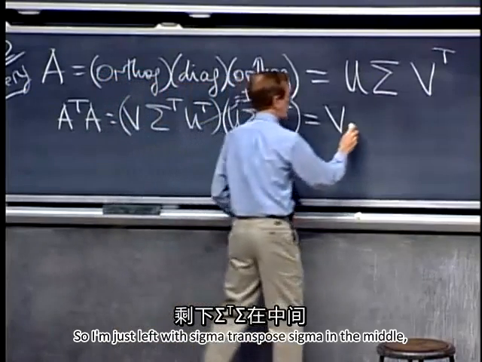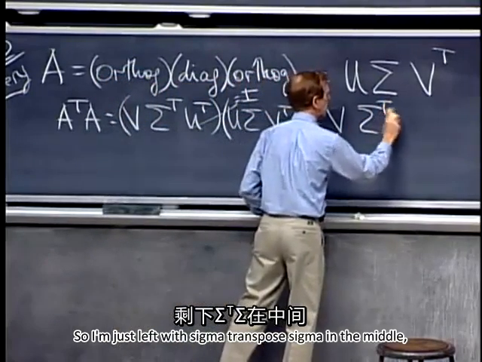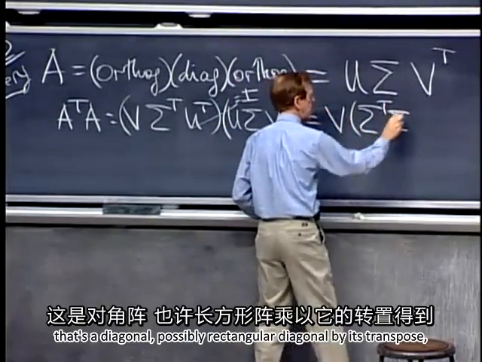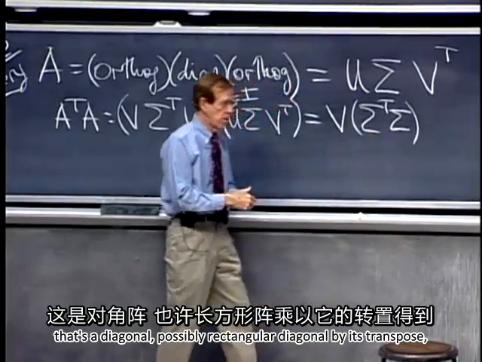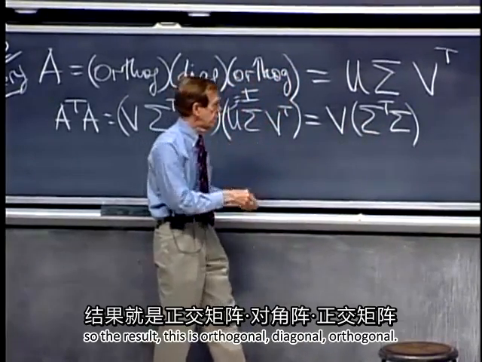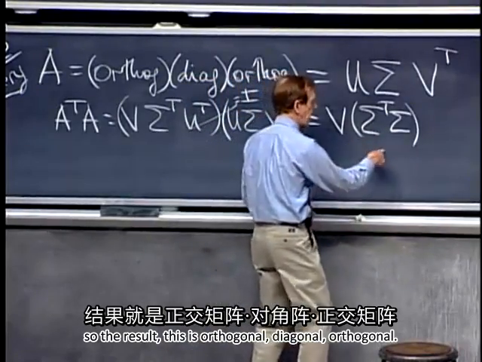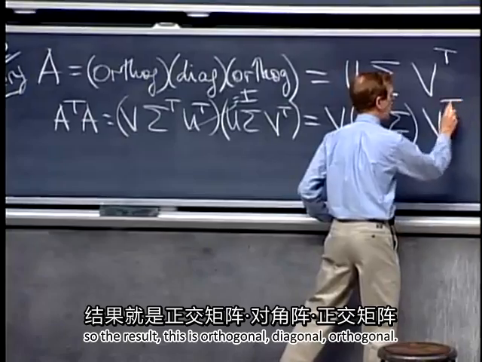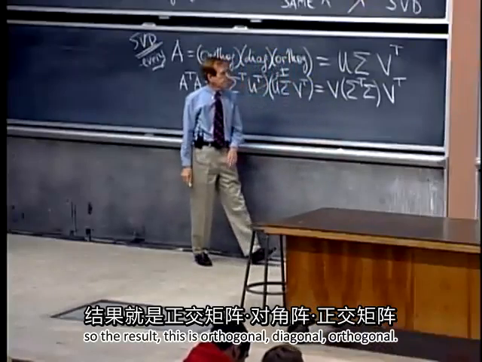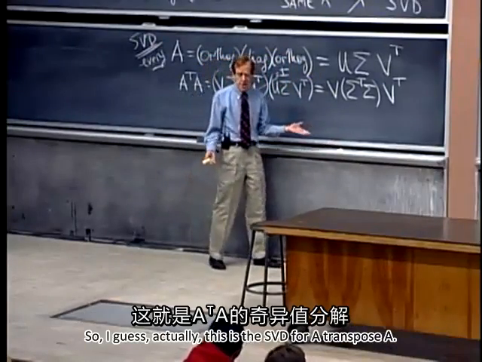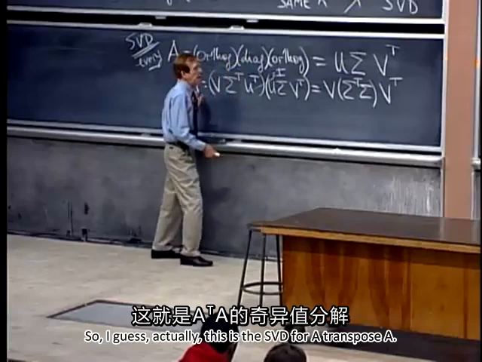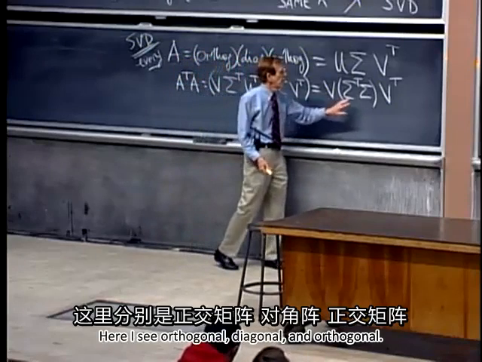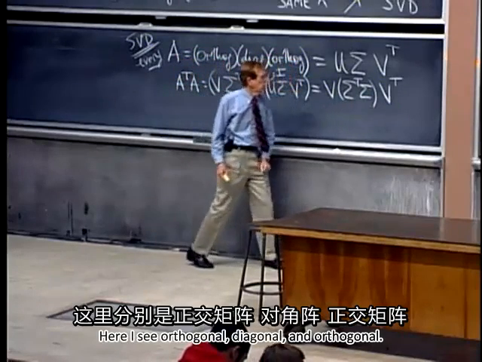So I'm just left with sigma transpose sigma in the middle. That's a diagonal, possibly rectangular diagonal by its transpose. So the result is orthogonal, diagonal, orthogonal. So I guess, actually, this is the SVD for A transpose A. Here I see orthogonal, diagonal, and orthogonal. Great.